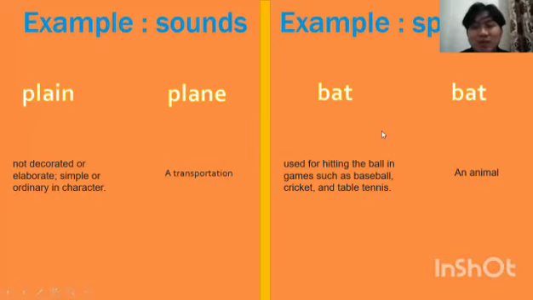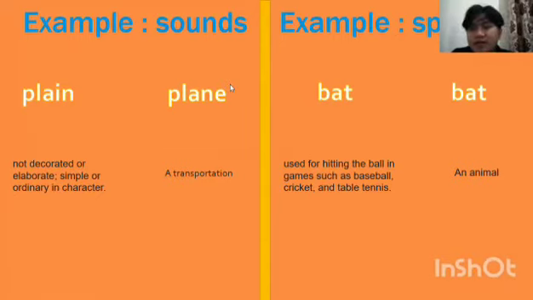based on the context that we use. For the first word, it means a thing used for hitting the ball in games such as baseball, cricket, and table tennis.